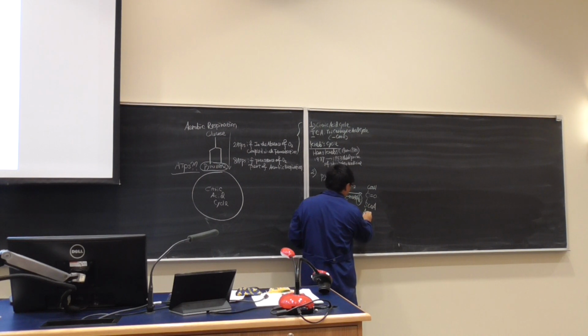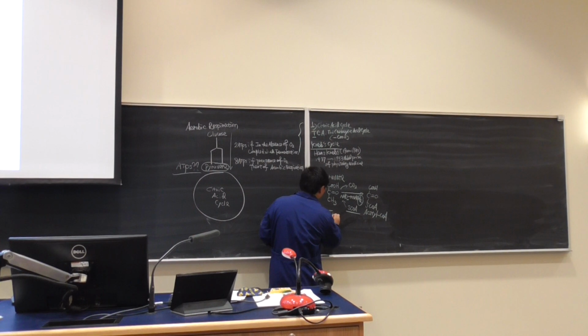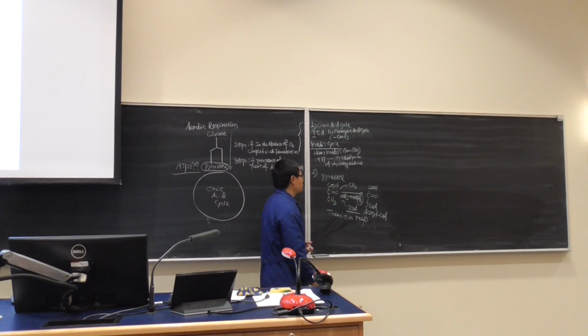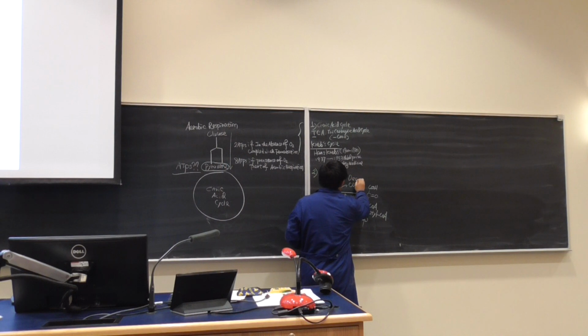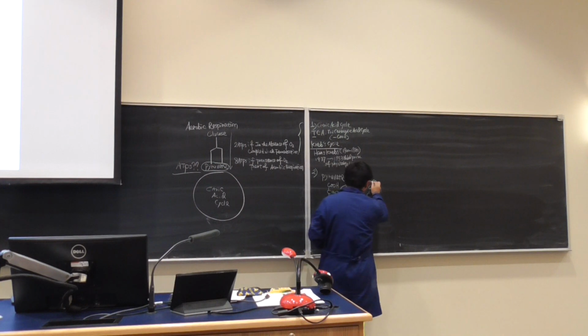The name is acetyl-CoA. Everything starts from here. This is a transition step. We also call it, when you take out the carbon dioxide, decarboxylation, because CO2 comes out. So everything starts here: acetyl-CoA is this structure.